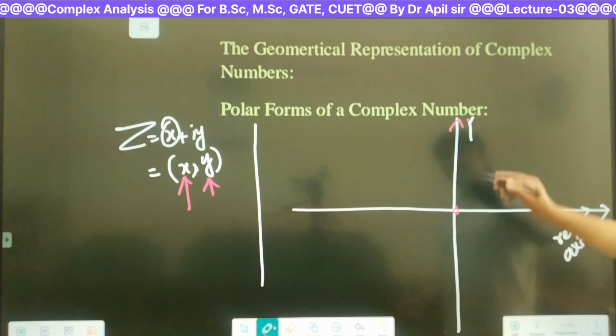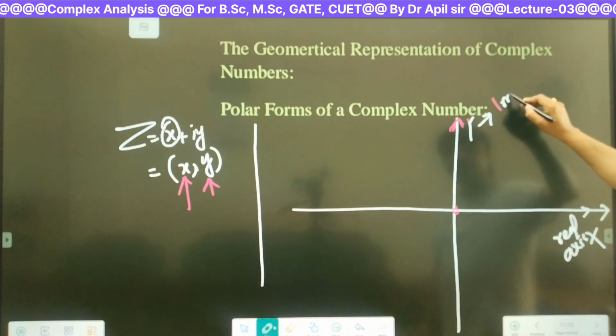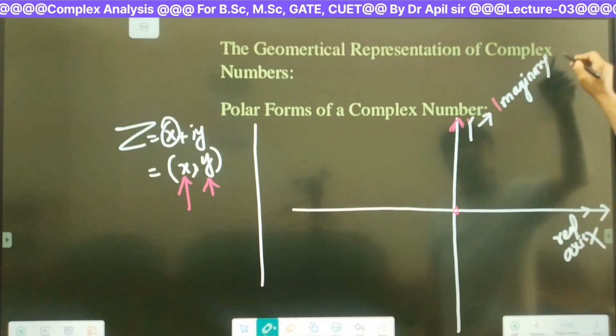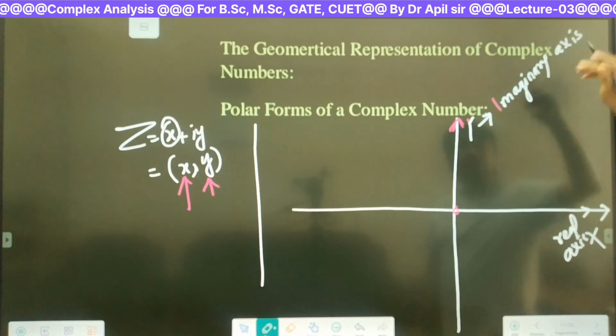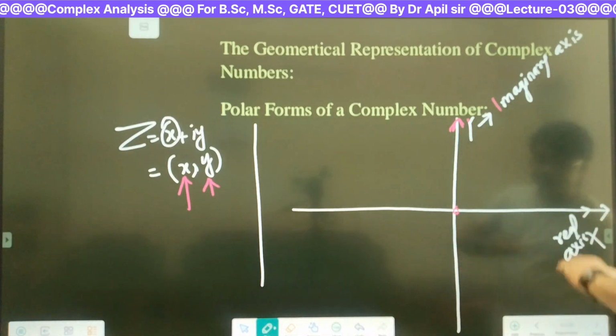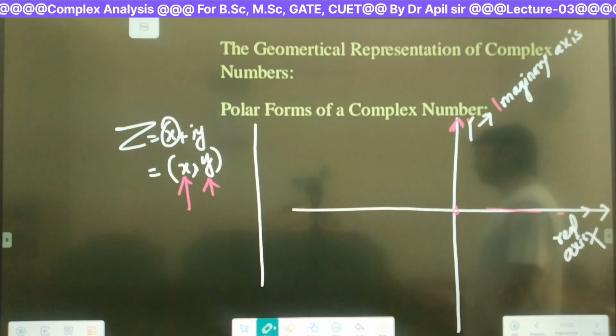That means this axis gives the imaginary value, so that's why we call this the imaginary axis. So now we have two axes just like the x-axis and y-axis, but here we call this the real axis and this the imaginary axis, right?